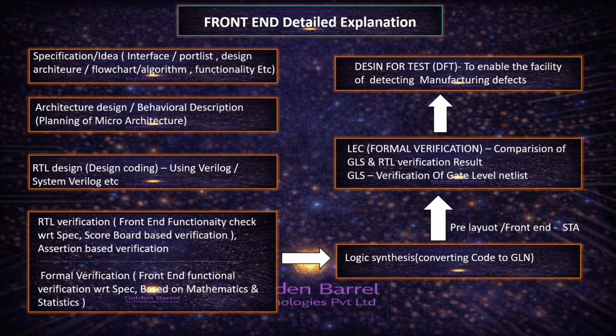It is not like scoreboard based verification. So RTL verification and formal verification are both functional verifications only, but they are different ways of verification. Compared to RTL verification, formal verification is more accurate, and formal verification can happen before synthesis and after synthesis also.